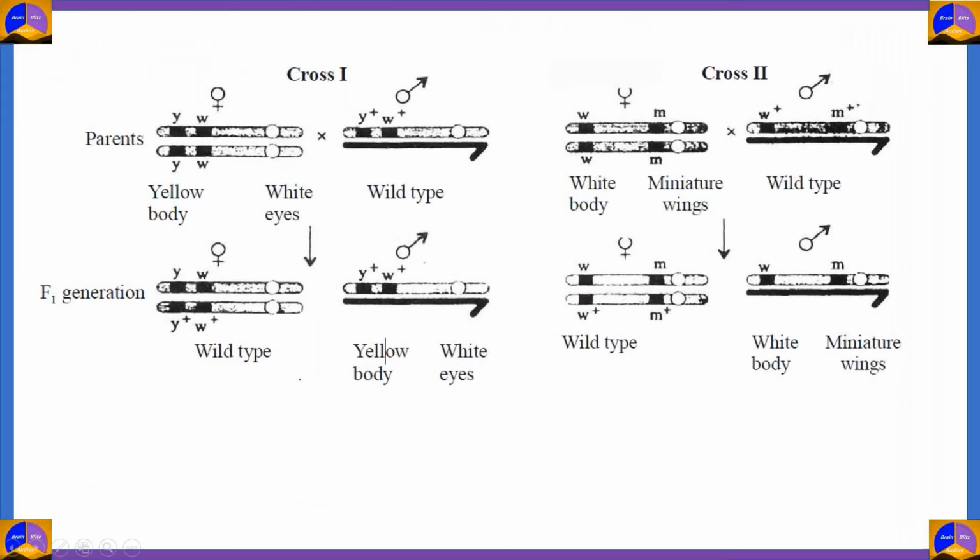So before we go anywhere, we should know that when a gene is tightly linked, it means that there is less percentage of recombination, because the percentage of recombination is directly proportional to the distance.